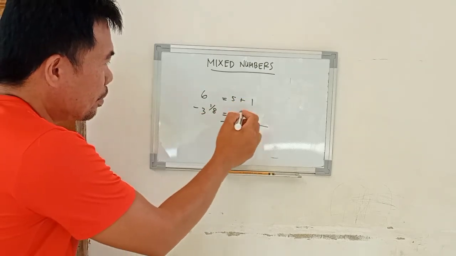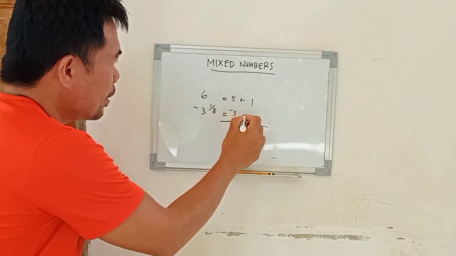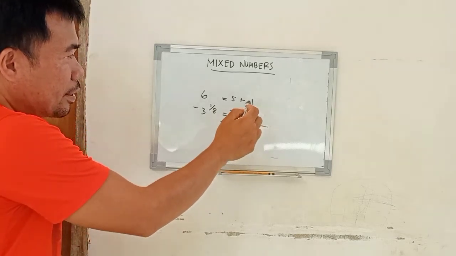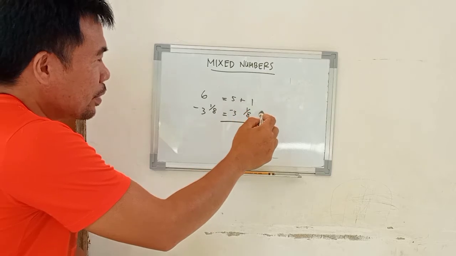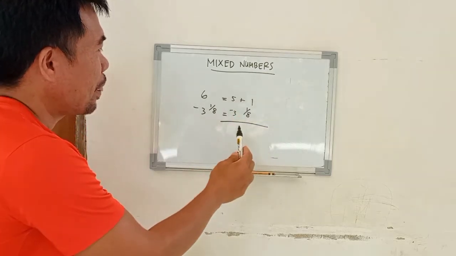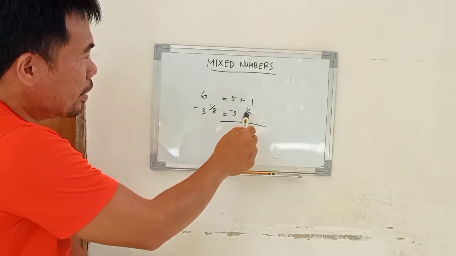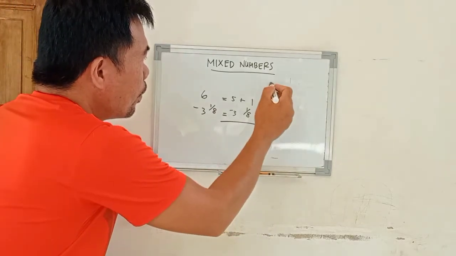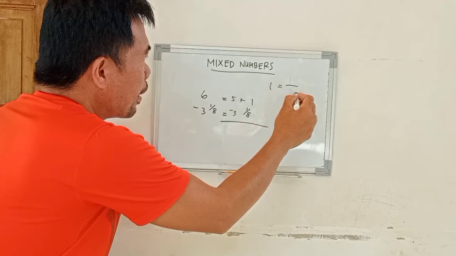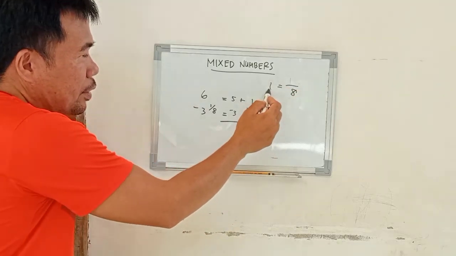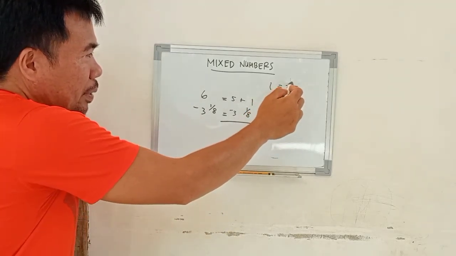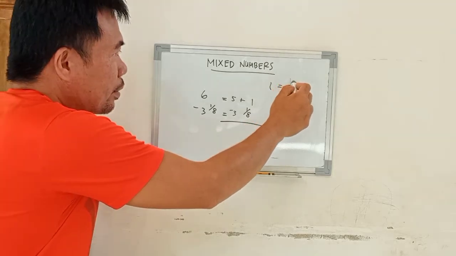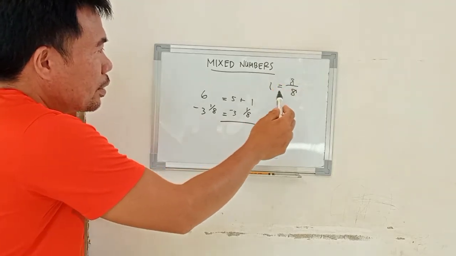And copy this number, minus 3 and 1/8. This 1 we will make into a fraction. Since the denominator here is 8, our denominator for 1 is 8. Since it is 1, we put the same number in the numerator. So 8 over 8 equals 1.